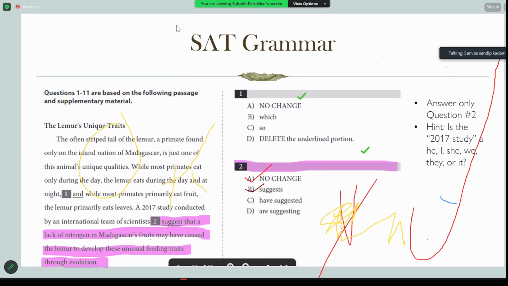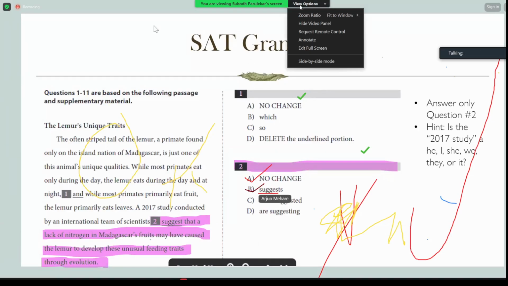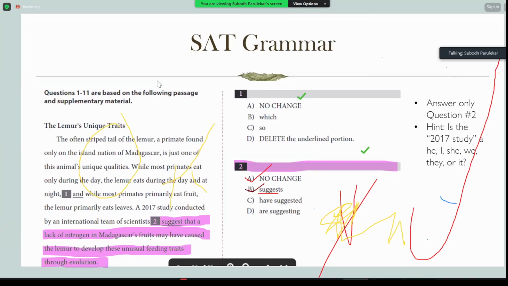Okay, which part did you not understand? On this page or other page? That second page. Okay, we can go back. Is this the page? Are you confused with this page?